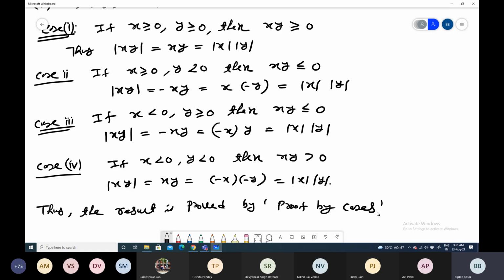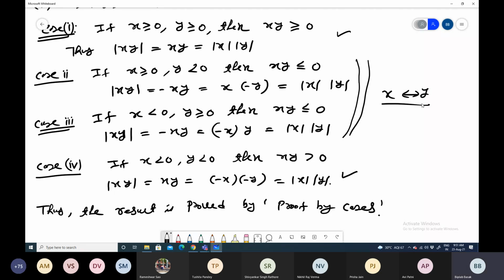Now note that here, if you look at the proof of these 4 cases, the proof of case 1 is very different from case 2, case 3 and case 4, right? Similarly, the proof of case 4 is different from case 1, case 2, case 3. But if you look at case 2 and case 3, you can see that these two proofs are similar, just interchanging x and y.